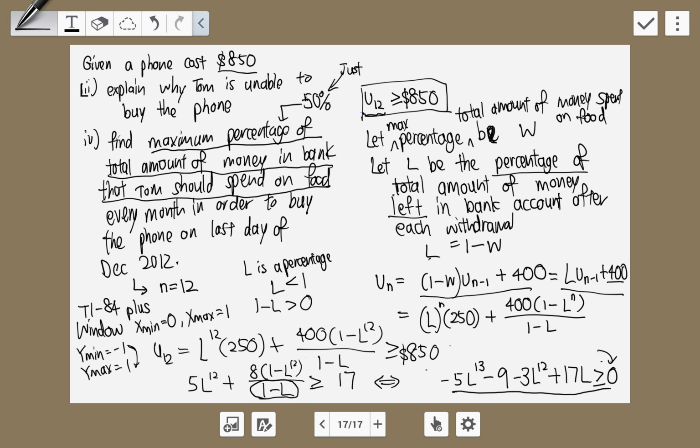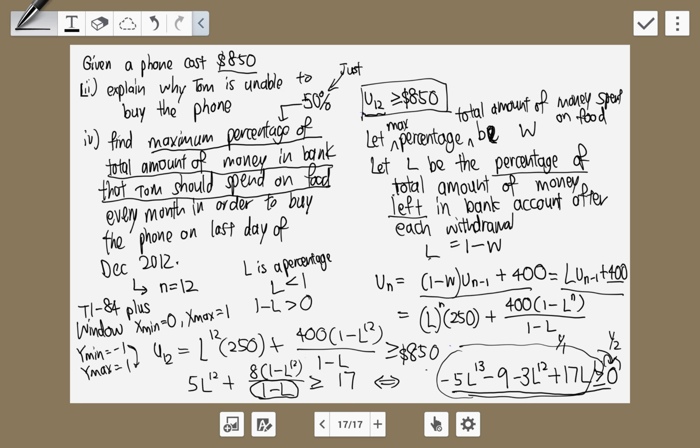So for y equals, I will key in this expression for my y1, and y equals 0 for my y2. Okay, and then what do I get when I graph it?